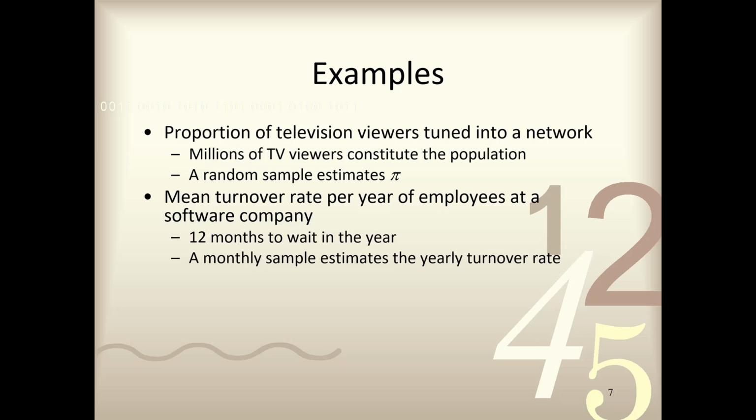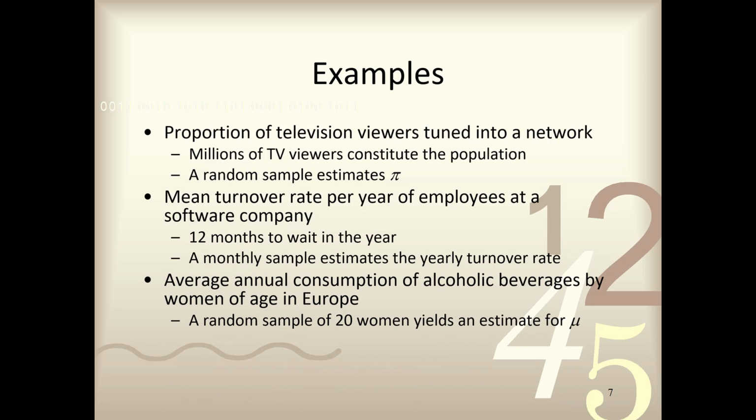With 12 months in the year, a monthly sample estimates the yearly turnover rate. So I'm estimating mu, which is the population mean. Or let's say I'm interested in the average annual consumption of alcoholic beverages by women of age in Europe. A random sample of 20 women yields an estimate for the population mean.